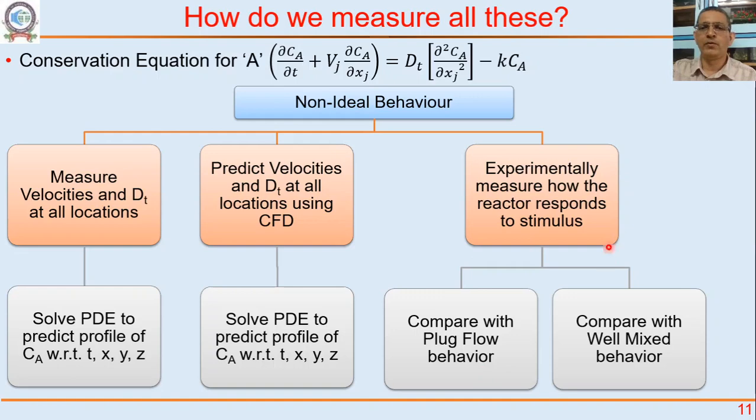This is what we are going to do in the course, but this is what people do nowadays. People don't do RTD, people don't do this kind of response behavior. I'll tell you the reason why not. But with computers, you can either predict and you can measure with advanced measurement techniques, and you can actually solve, and you can get concentration at all locations.